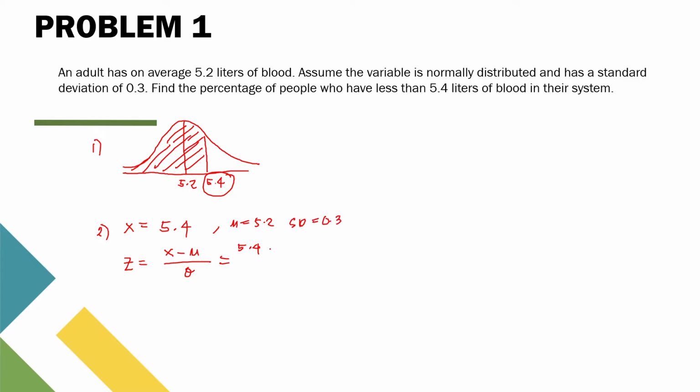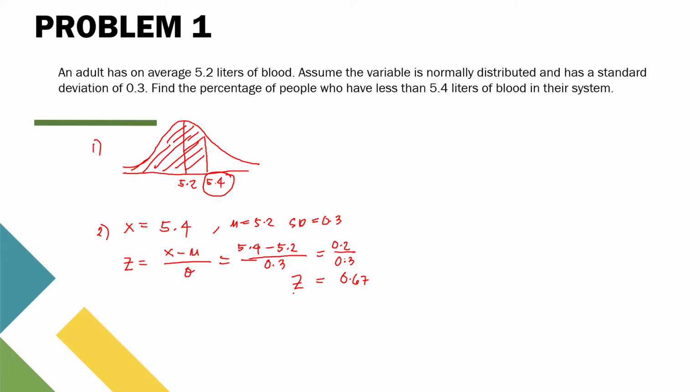So 5.4 minus 5.2 over 0.3. If we divide that, this is 0.2 over 0.3, which is equal to 0.67. So this is now the value for our z, which is 0.67.